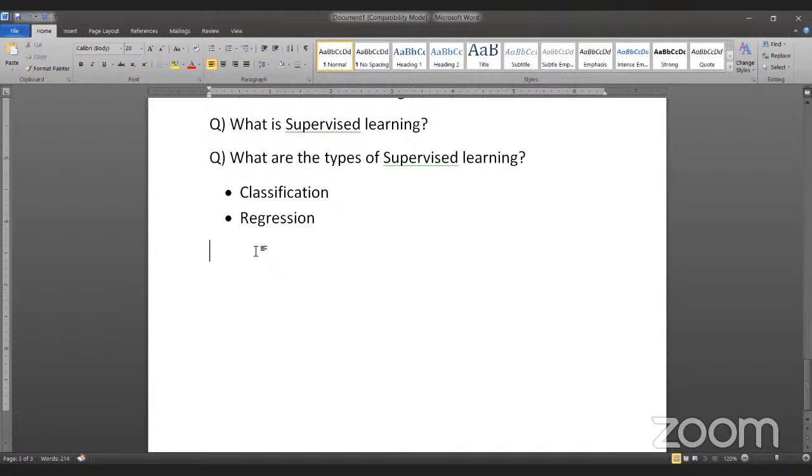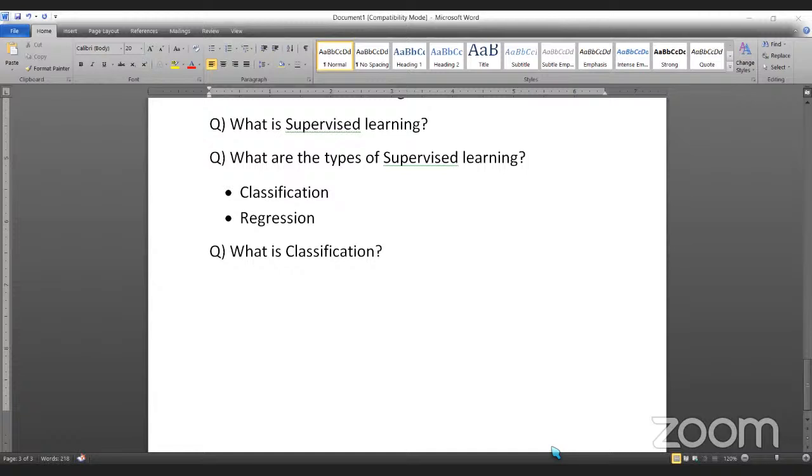Okay. Now, what is classification? So we know supervised learning are those in which the output is known, input is also known.